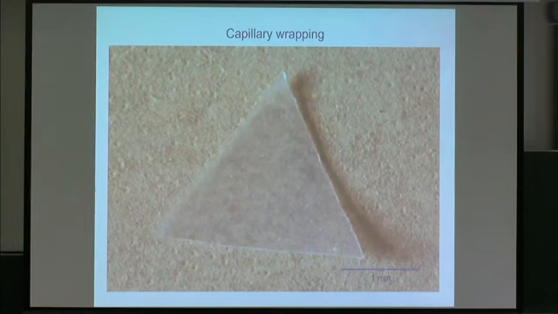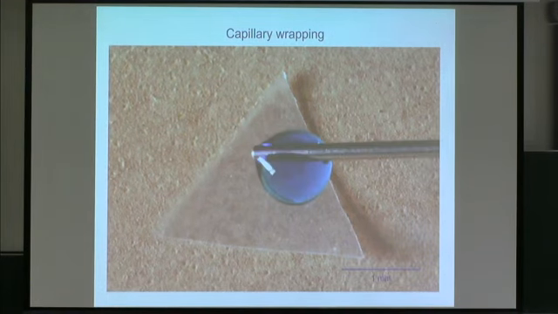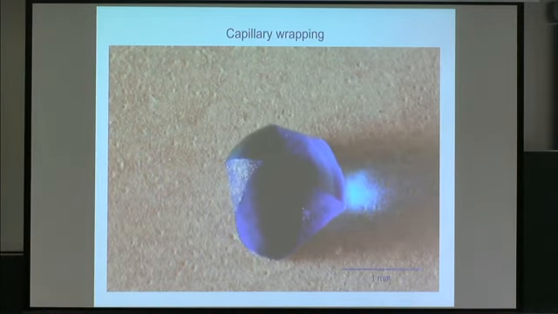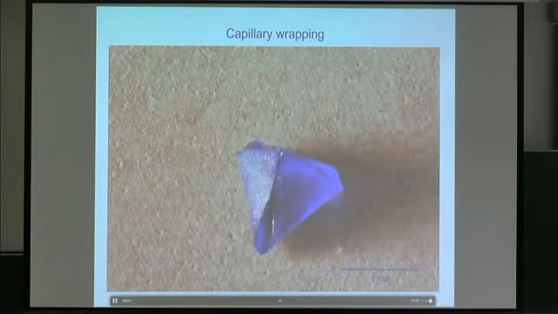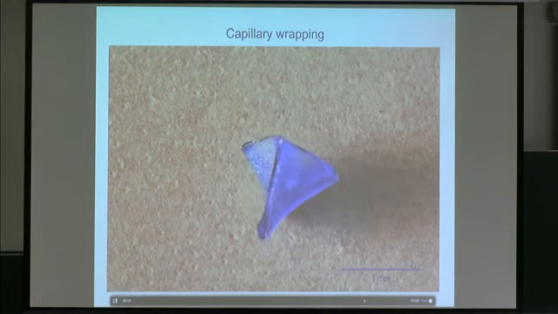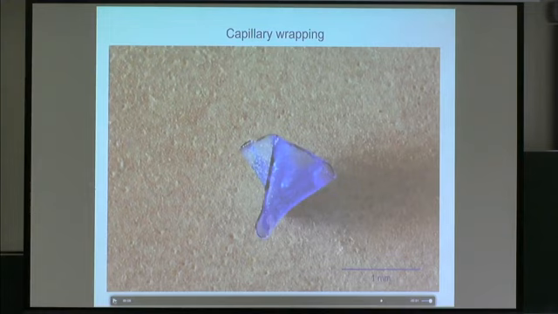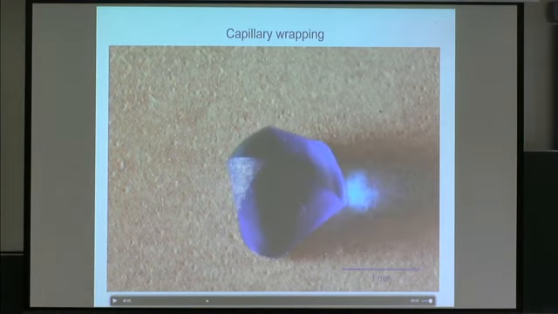We're going to put a droplet on it. There is a blue dye in the droplet, so you can see it better. Basically, we put the droplet and then we let it evaporate. And the idea is to look at the shape the object gets as the liquid evaporates.